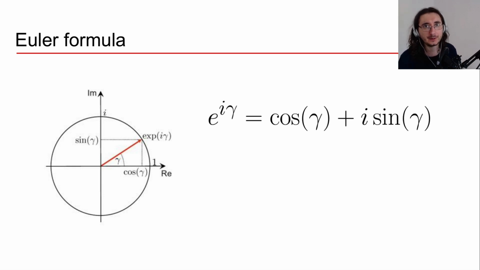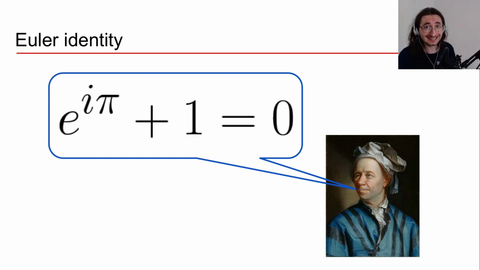But before we get there, I want to take a little detour to show you one of the jewels in mathematics, and that's the Euler identity. Mathematicians, physicists, even engineers look at this formula and they say, well, it's wonderful, it's just perfect. So let's take a look at this.